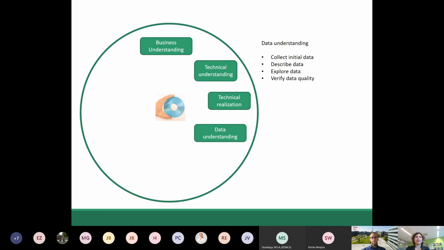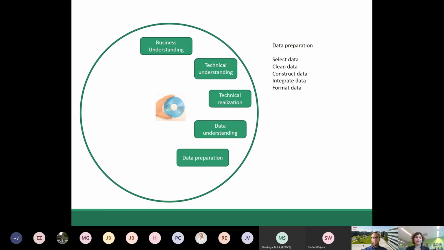Data understanding has the following activities: collecting initial data, describing them, exploring them, and verifying the data quality. After that, there is data preparation. For example, the following activities: selecting the data, cleaning the data, constructing the data, integrating, and formatting them.